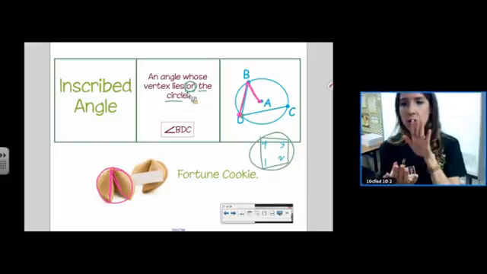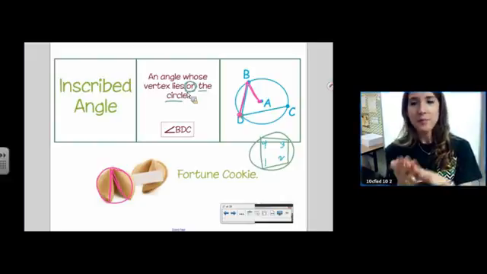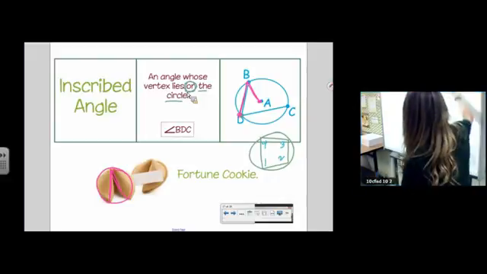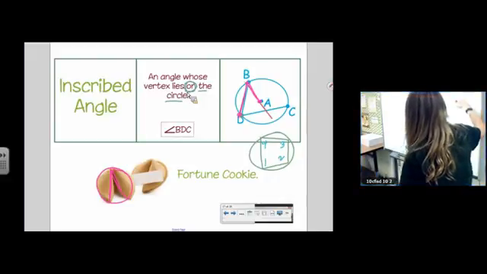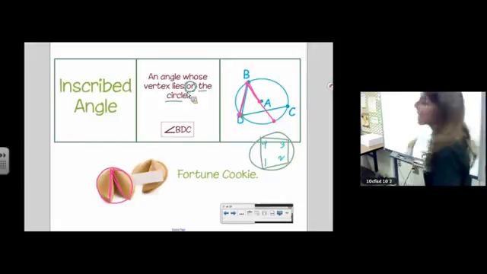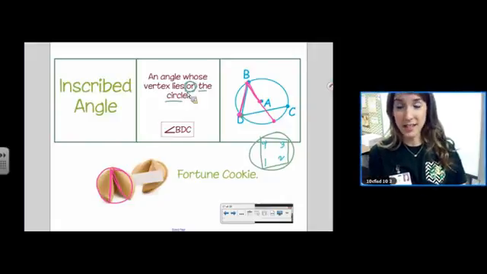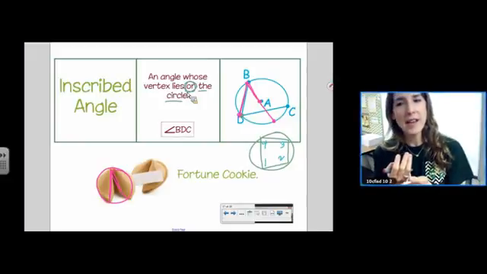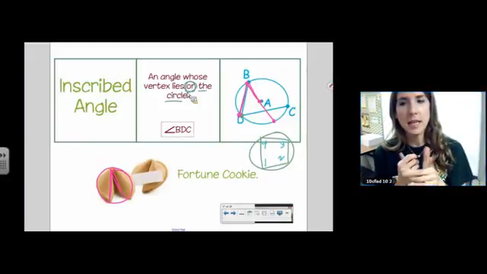The vertex has to lie on the circle, but the other points have to also be on the circle. You have to keep going all the way here. And yes, I know that an angle is made up of rays, and rays go on forever, so it doesn't stop at A, but we wouldn't know where it hit the circle if all we call it is DBA.